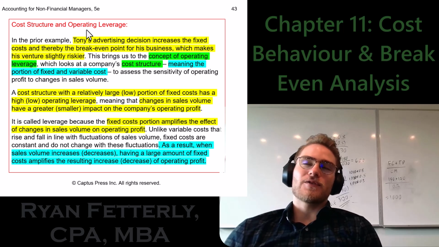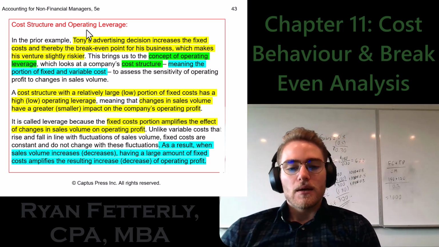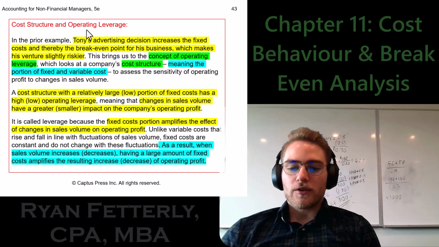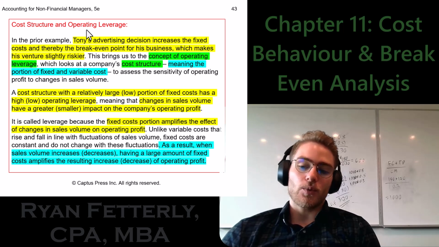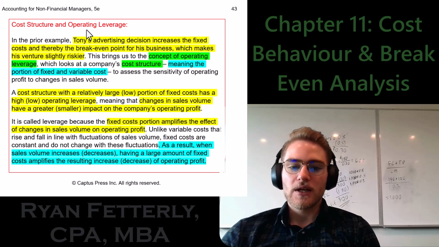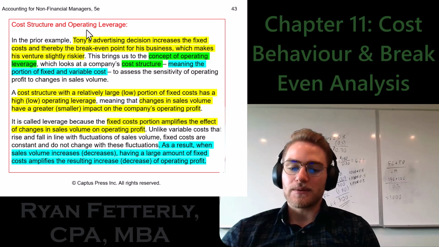So if our sales volume goes up by 1%, what percent does our profit go up by? A cost structure with a relatively large portion of fixed costs has a high operating leverage, just like a cost structure with a low portion of fixed costs would have a relatively low operating leverage. Meaning that changes in sales volume have a greater impact on the company's profit.